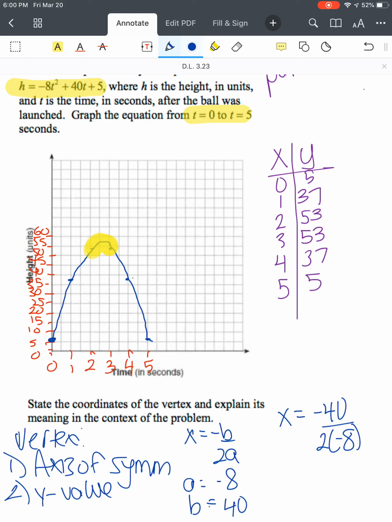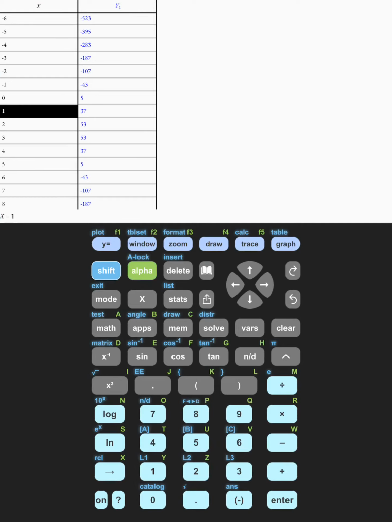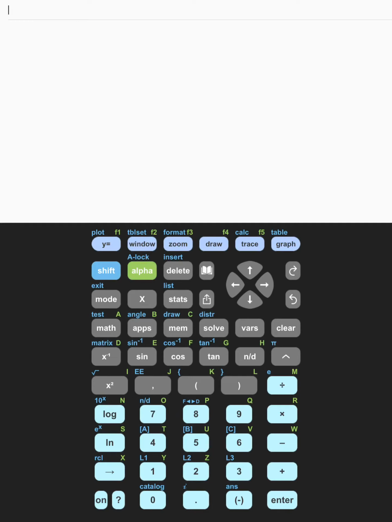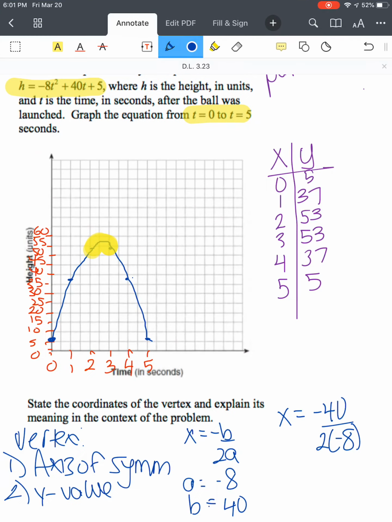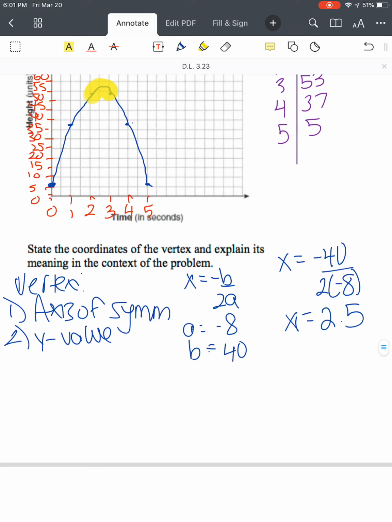Okay, so why don't you put that into your calculator, negative 40 over 2 times negative 8. I can't make the fraction like you can. So I get 2.5. So x equals 2.5. Okay. All right. So now the next step is to plug in that y value.